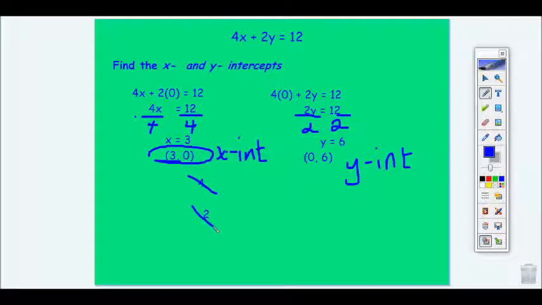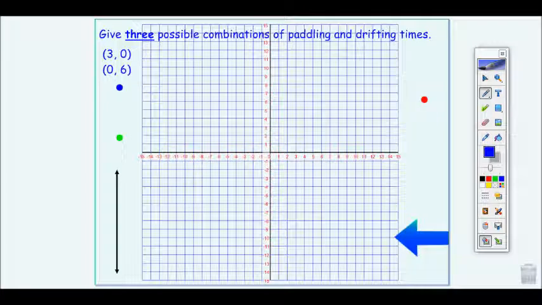I'm not sure why those are even there. Okay. So it said to find several solutions, and I am going to graph that just by my two intercepts.